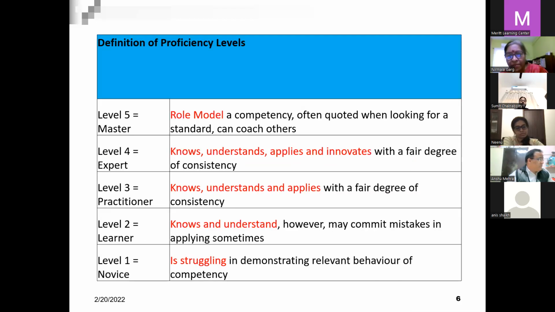So these behaviors in an organization can have more intensity. That means there will be progression in your behavior, which will be more intense, or it will be very nascent. So Wilma wanted to put up these proficiency levels, what we call BARS, behaviorally anchored rating scales.